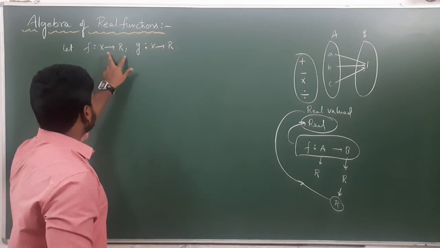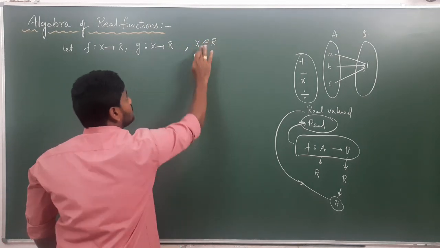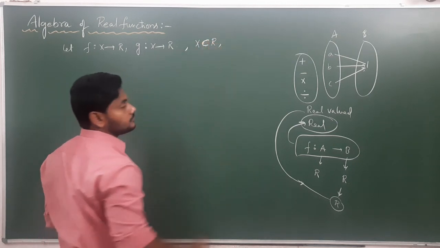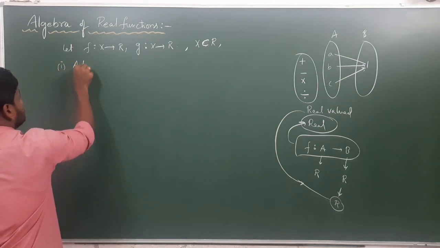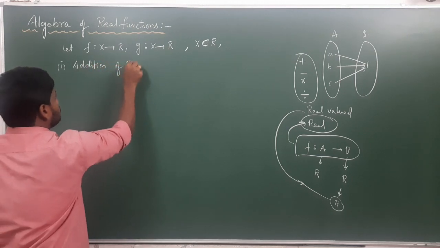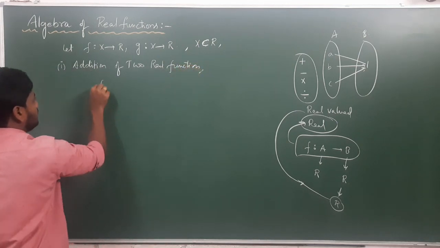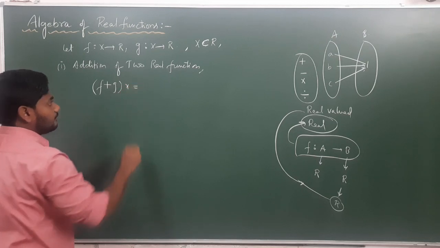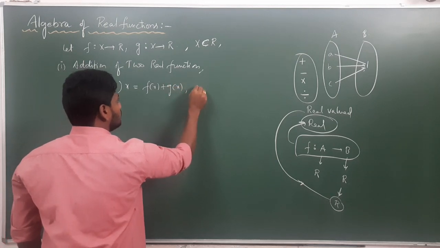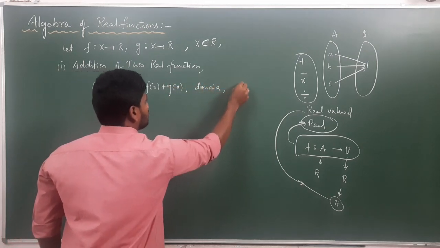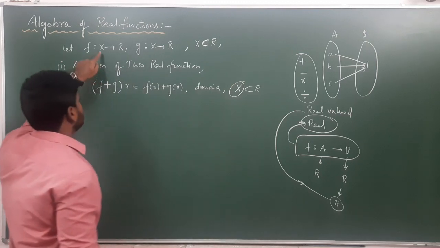Real function means both domain and range should be subsets of R. This X also belongs to R or is a subset of R. Now, addition of two real functions: f plus g of x we can write as f of x plus g of x, where the domain is a subset of real numbers. That means this X will be the domain.